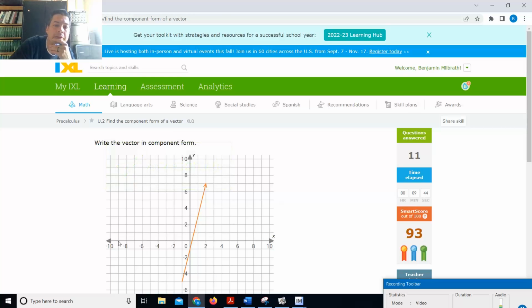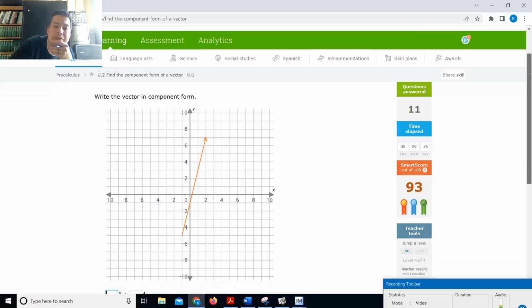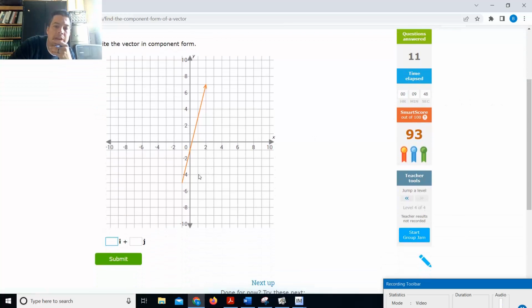Awesome job, Milbrath. This one, same idea. It looks to me like we are running 2 units. So we're going to have a 2i. And we are rising from negative 5 to 7. So we're rising 12. I'm curious if it would also accept i plus 6j, but I really don't want to chance it.